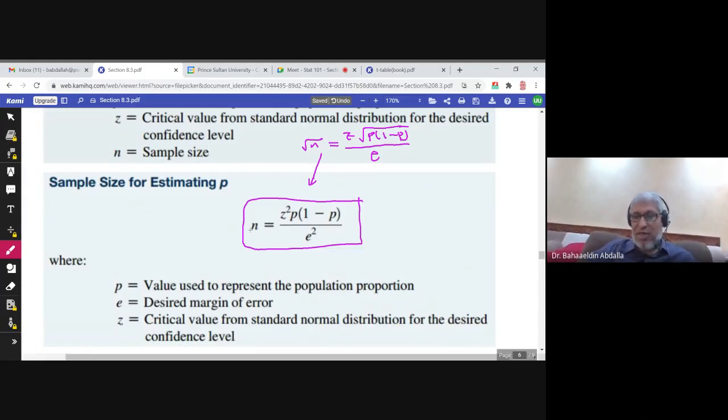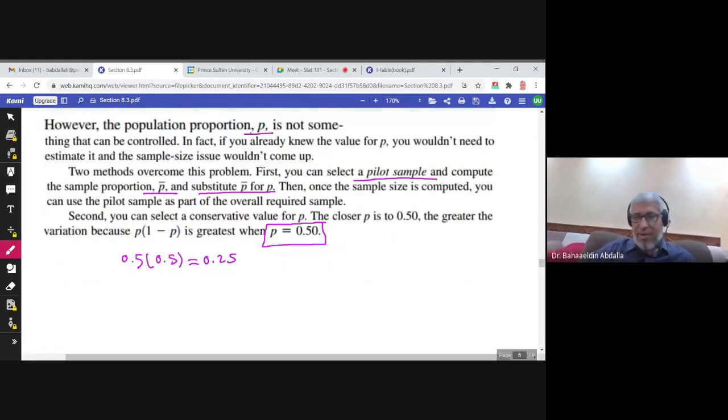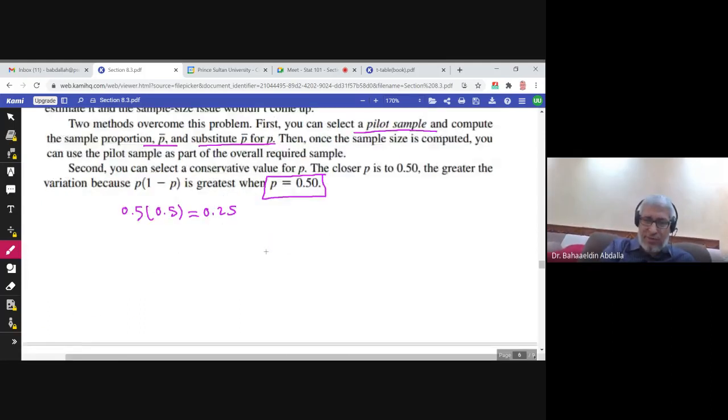Because you chose the greatest value for P times 1 minus P. If you choose 0.4, for example, 1 minus P would be 0.6, and 0.4 times 0.6 would be 0.24. So if you choose 0.5, done, okay? You can get N. So you have two choices: either take a pilot sample and use P bar instead of P, or just take P as 0.5.